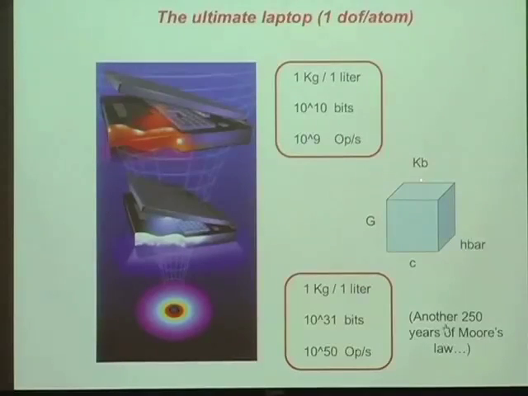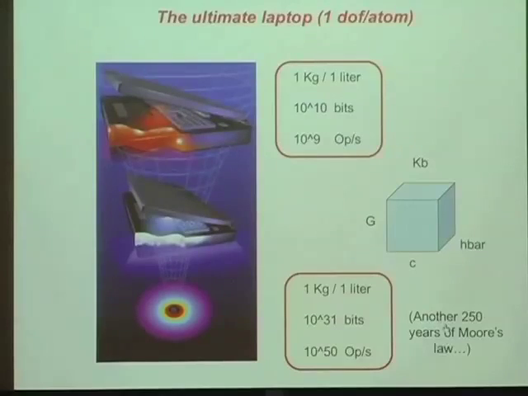The calculation that Lloyd does is to say, okay, let's think of a computer where we can put the degrees of freedom per atom. And the conclusion is that this ultimate laptop, still weighing 1 kilogram and still occupying 1 liter, taking into account the limitations of fundamental laws, so gravity, the speed of light being finite, and h bar being finite, ends up with the following: the ultimate laptop could contain 10 to the 31 bits and could perform 10 to the 50 operations.